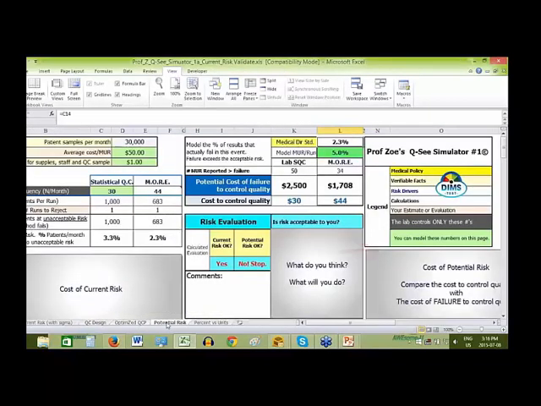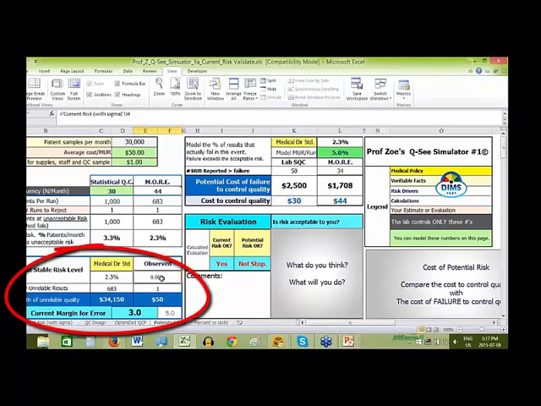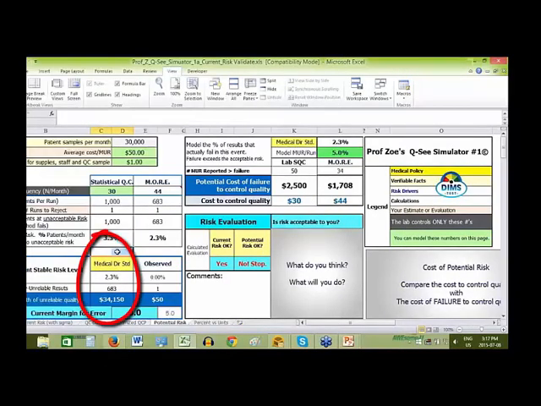Now if I come over here to evaluate the risk, they both have 1 run to reject. The medical director set a value of 2.3%. Your observed value is 0.03% or 0.00%. The acceptable risk level is 2.3%. When you say I will accept the sigma of 2, the margin for error of 0, you're saying I'm willing to accept 683 bad patient results and absorb a cost of $34,000 for these results that can fail every month, and I'm not going to design a QC system that is going to detect them.